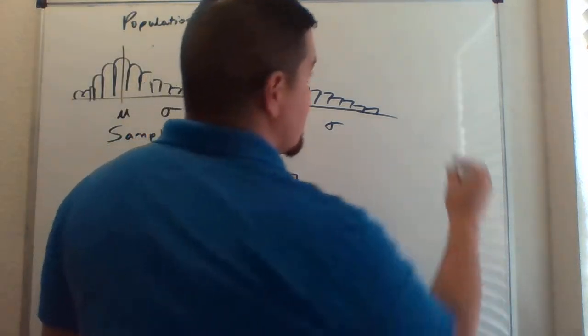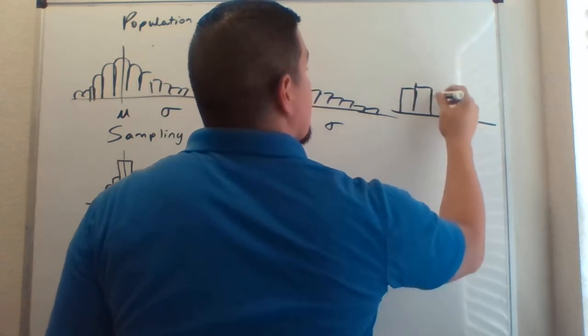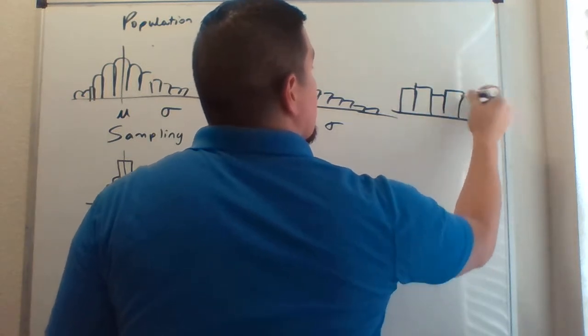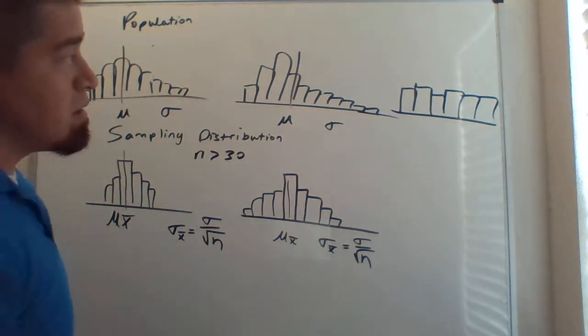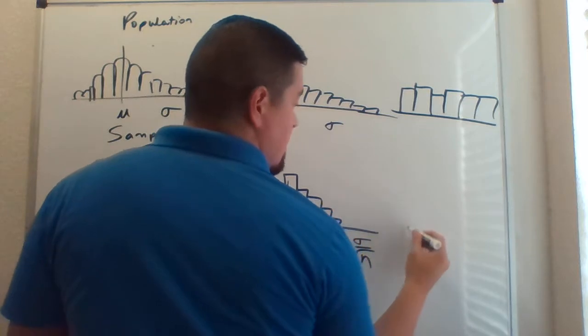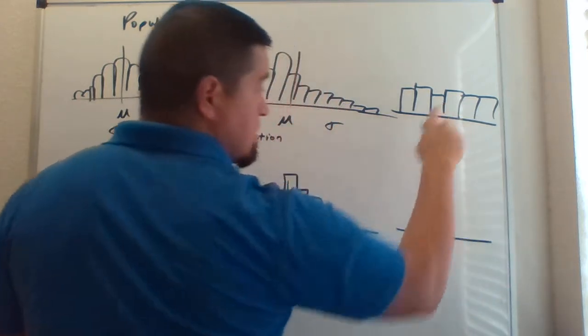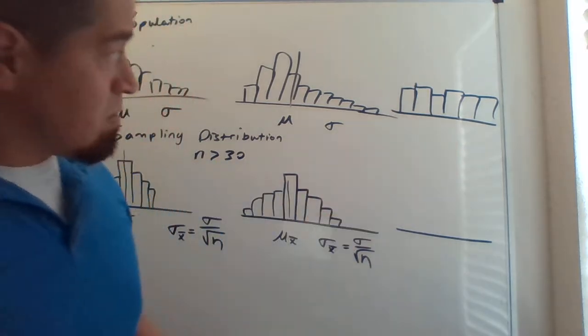And a final example, even if it comes from a roughly uniform distribution. If I got random samples from a uniform distribution, what would a sampling distribution look like? This could be like your dice example, 1 through 6.